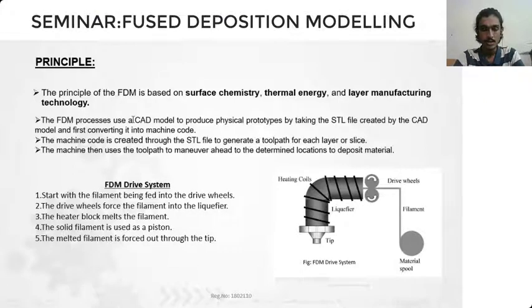In the heating coils, the raw material is heated below its melting temperature such that it can flow easily through the nozzle, and it is pushed through the nozzle by the help of drive wheels, and the melt gets deposited upon the layer, and this process takes place continuously until the desired product is obtained.